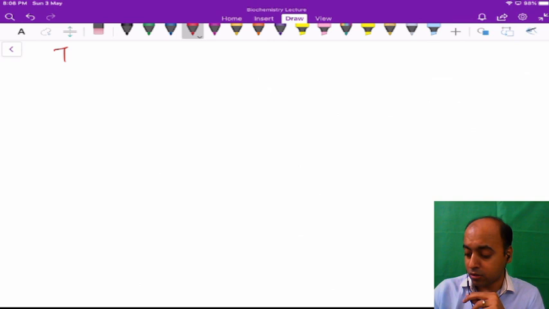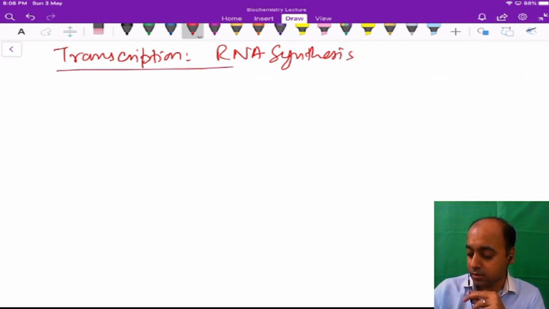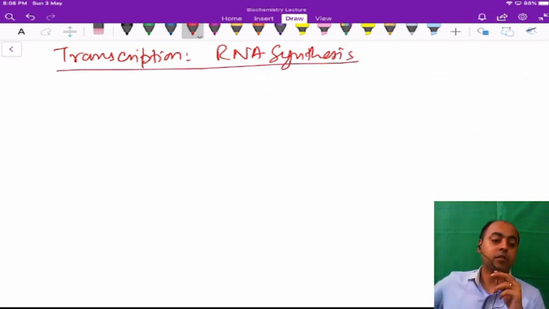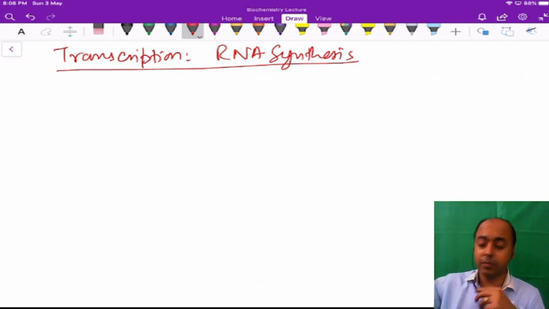Now we are moving on to transcription, which is RNA synthesis. Any questions so far from the DNA segment that we have discussed, the synthesis of DNA and the repair mechanisms?